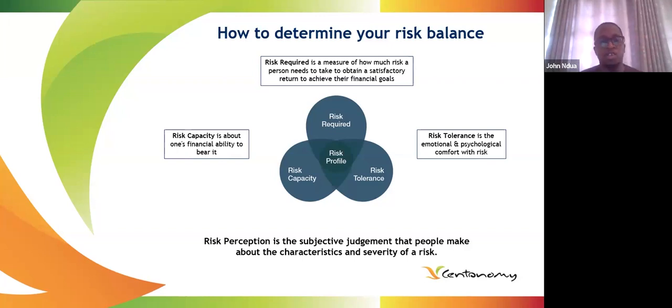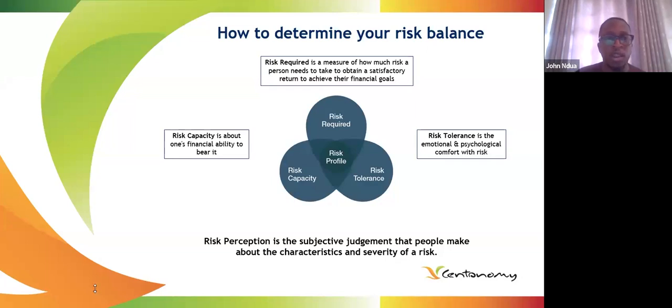Then you have individual two who earns 1 million and spends half of it, which is 500,000, on his monthly upkeep. You will see that those two people have different financial capability. One is left with 10,000 shillings to invest or do any type of venture. The other one is left with 500,000. They have such a different risk capacity because of how much they earn.